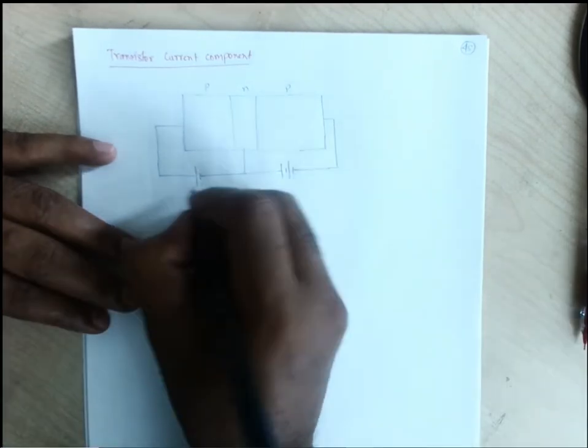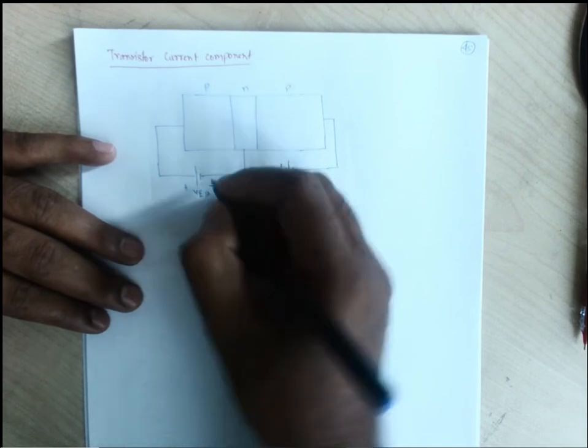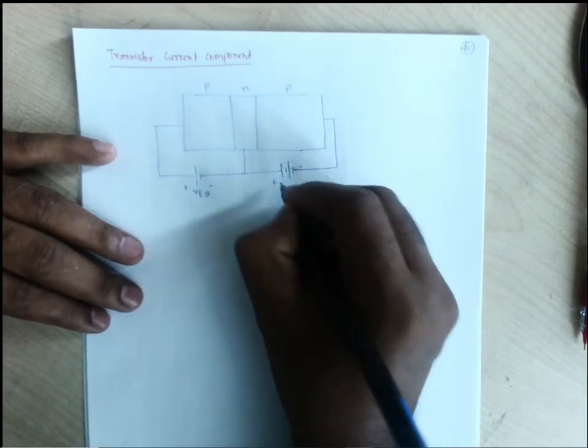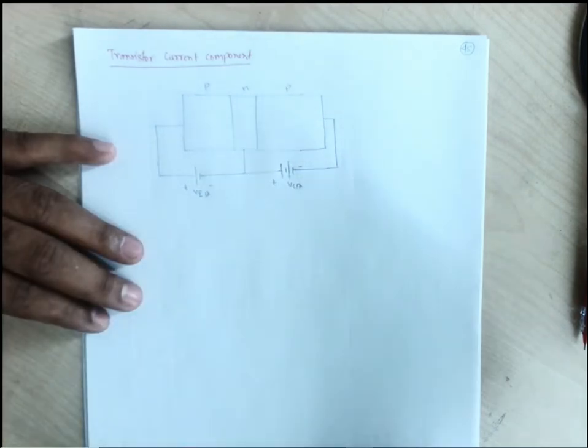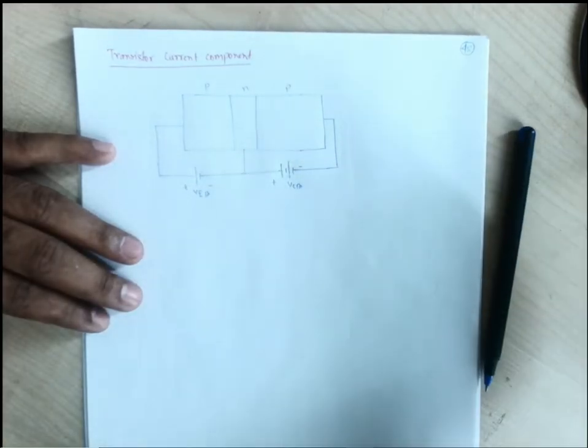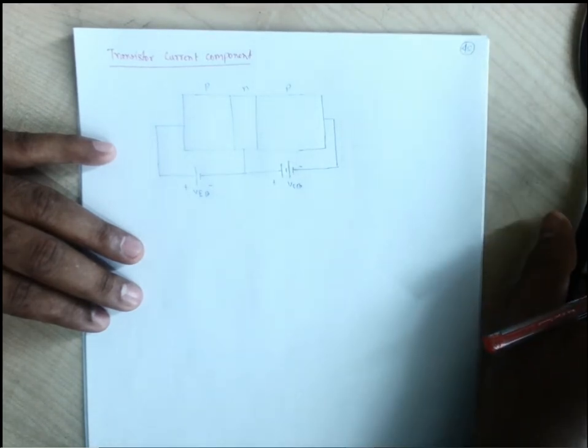So it is plus minus VEB, and minus plus VC. Okay, so this is about our different configuration for the PNP transistor in the forward bias.